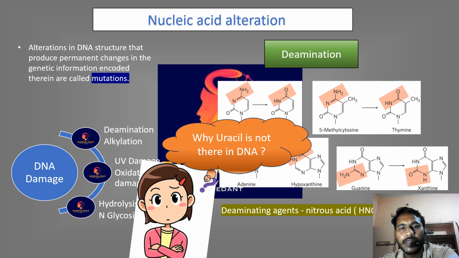So in a day it will be around 100 cytosines converted into uracil, which is more frequent than for adenine and guanine. If uracil were in the DNA, that uracil would pair with adenine, and it would make a stable DNA again.